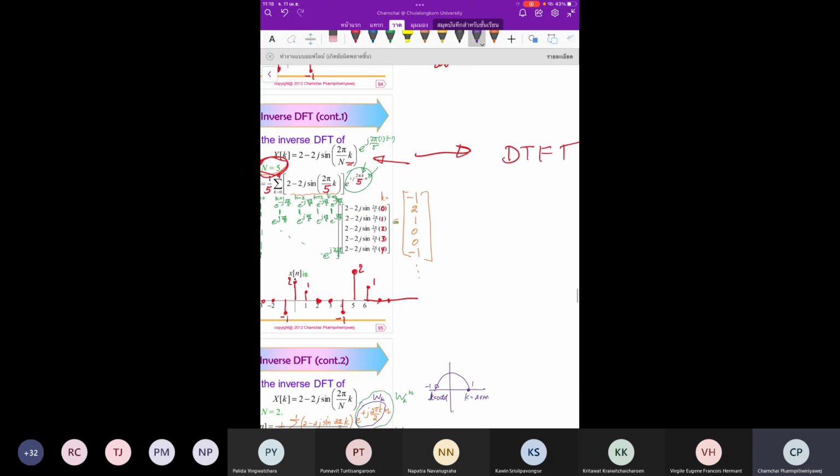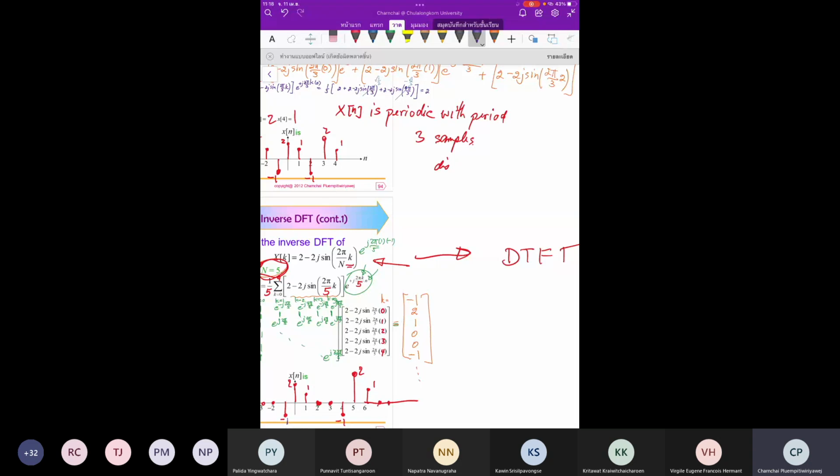It's not shifting, but it squeezes the signal, right? It's like this one and this one combined.